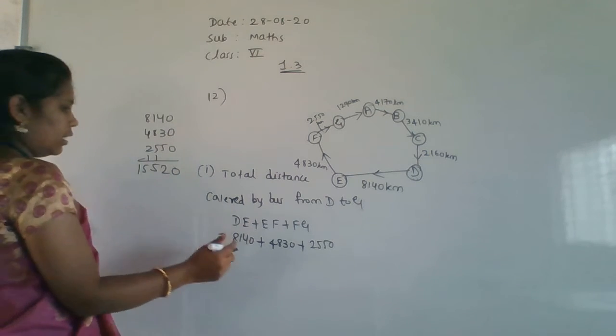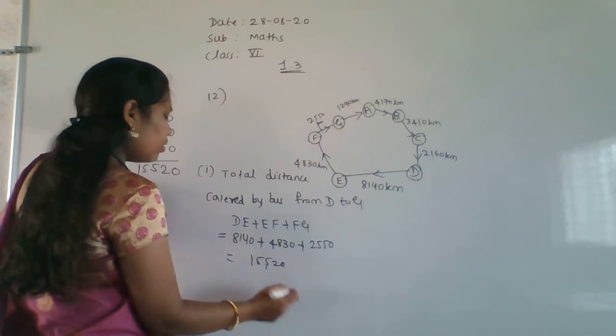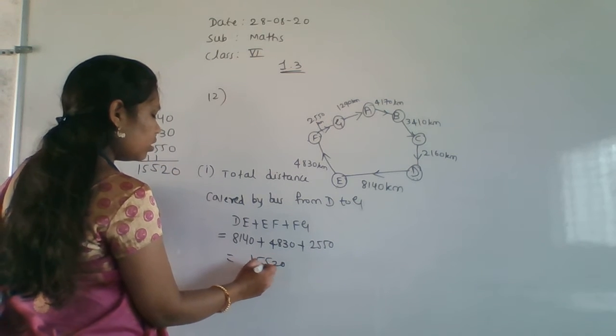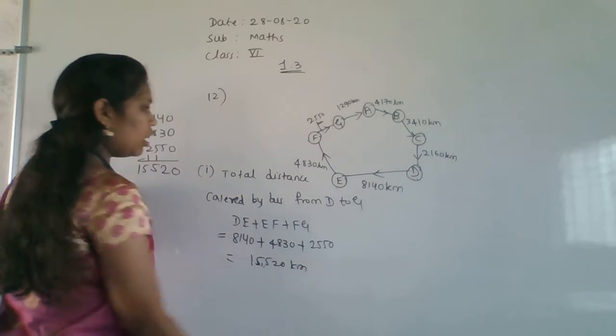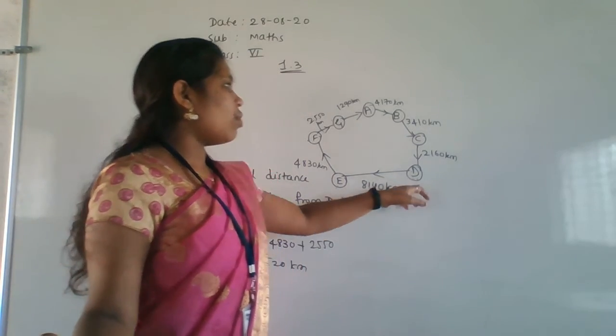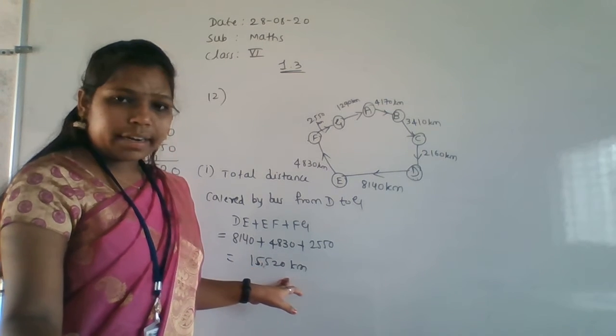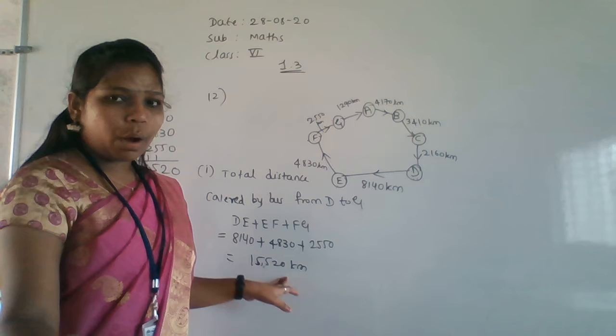How many kilometers? 15,520 kilometers. So the bus traveled a total distance from D to G of 15,520 kilometers.